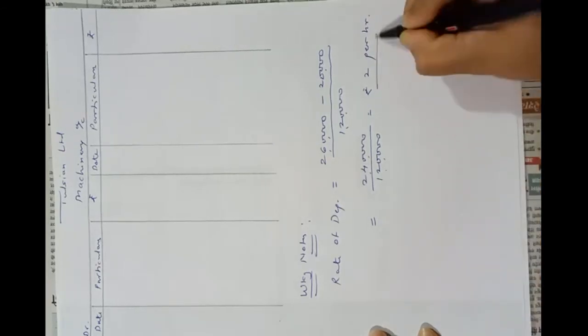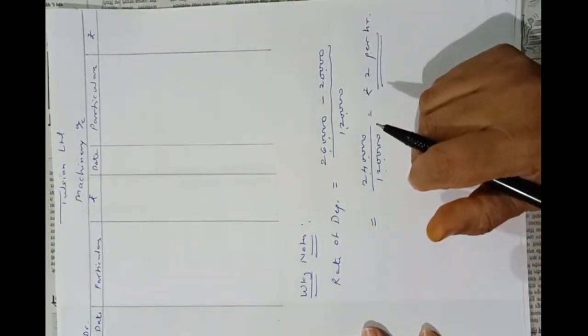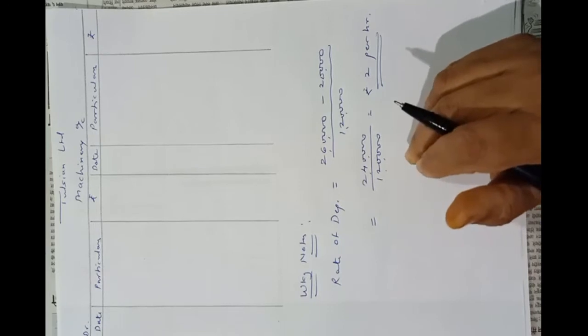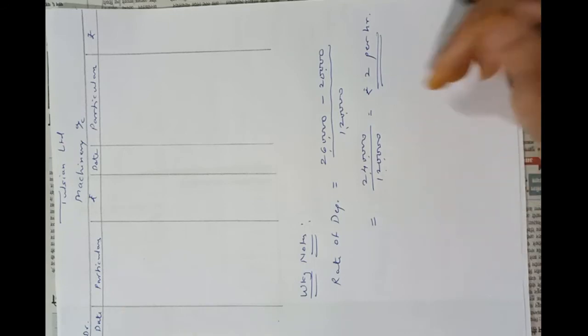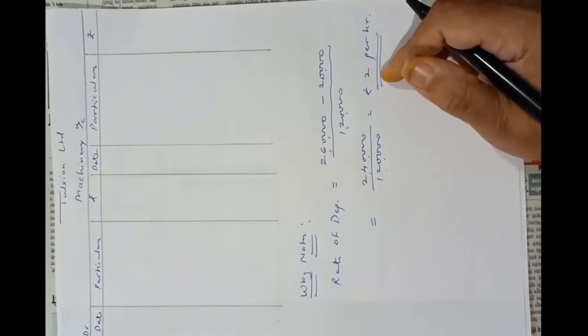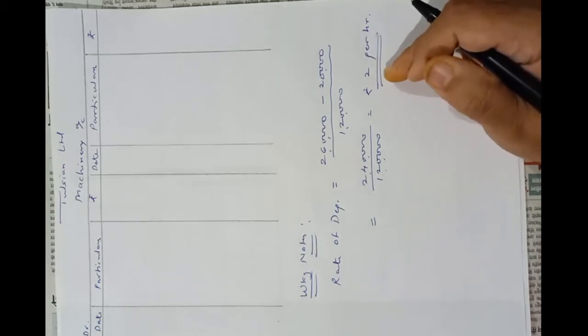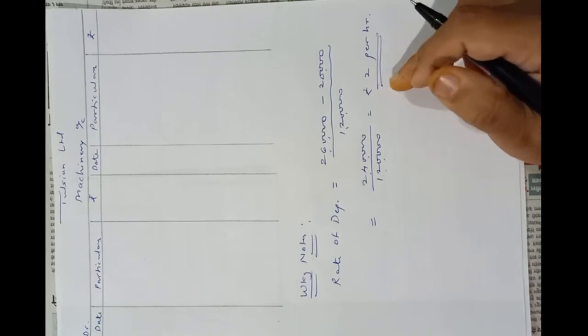Okay, now ₹2 per hour is the rate of depreciation, and the actual hours worked by the machine are given in the other table. 2015 machine hours worked 6,000, so depreciation will be 6,000 into 2, that is ₹12,000. In the year 16 8,000, so 8,000 into 2, that is 16,000 will be depreciation for second year.